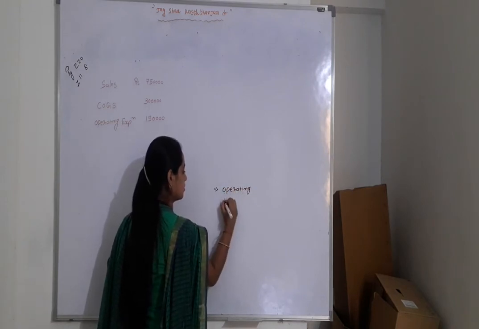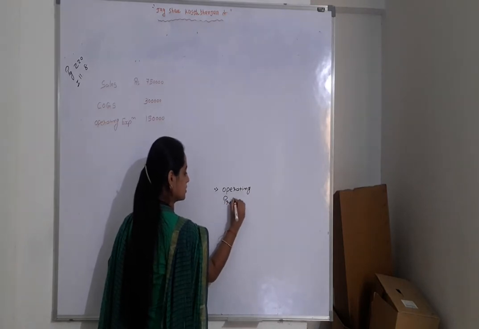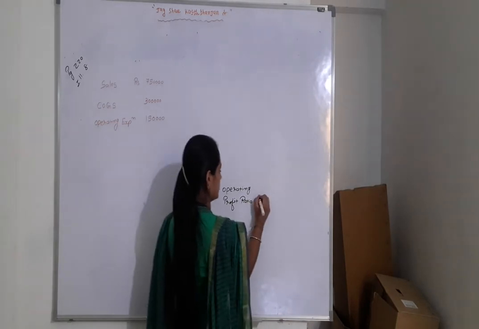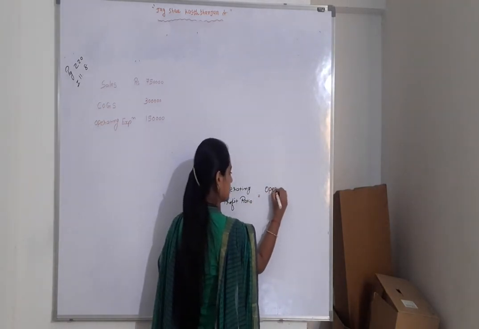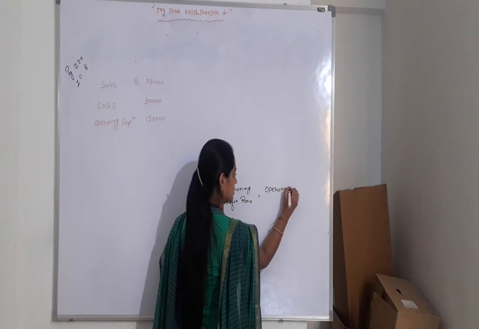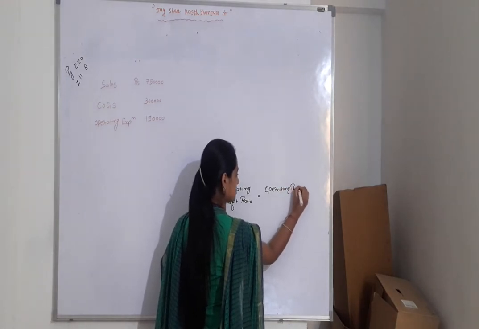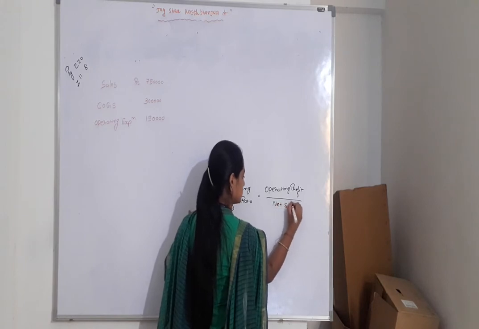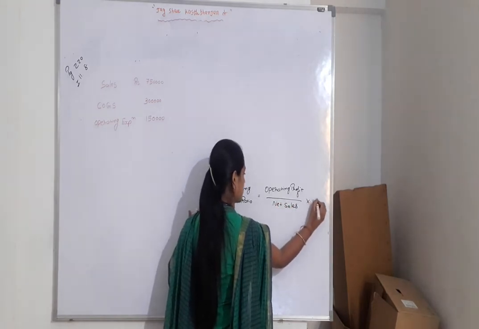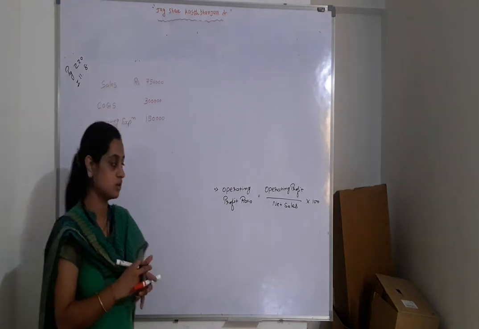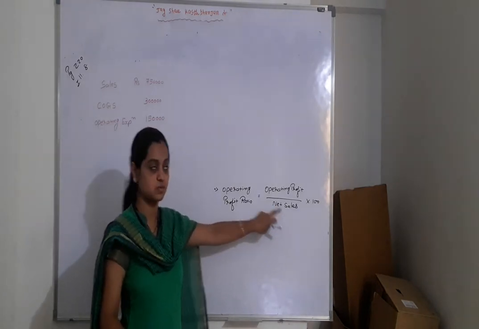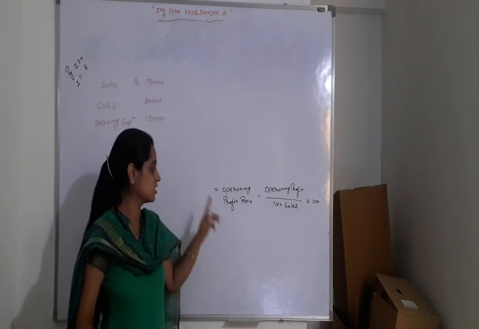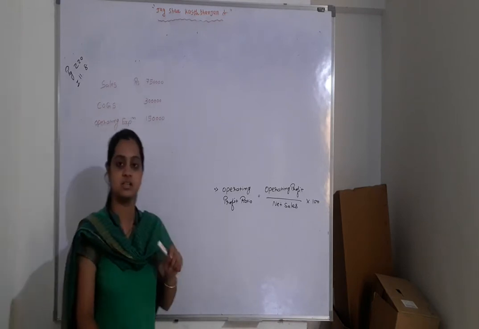Operating profit ratio is equal to operating profit upon net sales into 100. In this sum, they have given sales, right? But they have not given us sales return. That means this sale is our net sale.